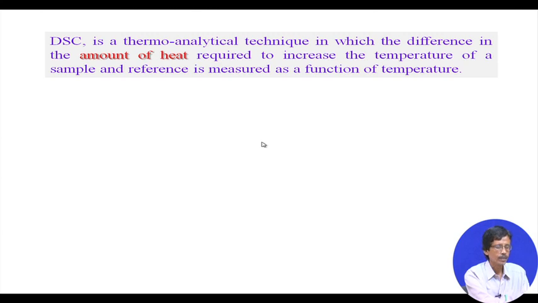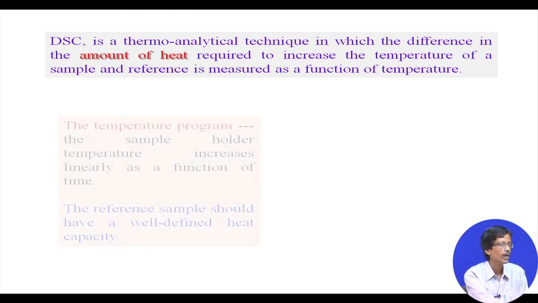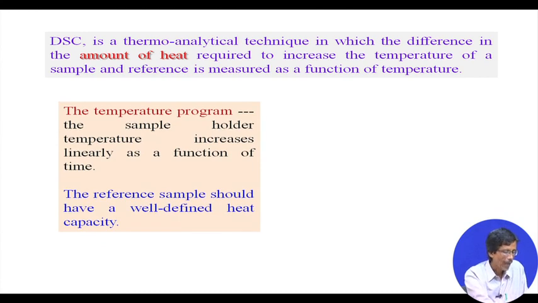So, either the function of the temperature in terms of the temperature of the furnace or the temperature of the sample. So, we have a controlled temperature program, and you can have a sample compartment, what we had earlier in case of your DTA apparatus, and that sample compartment can now be converted to a differential calorimeter.